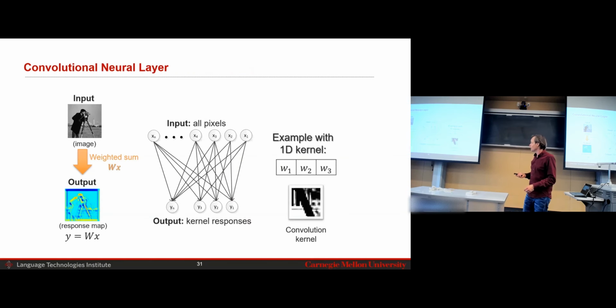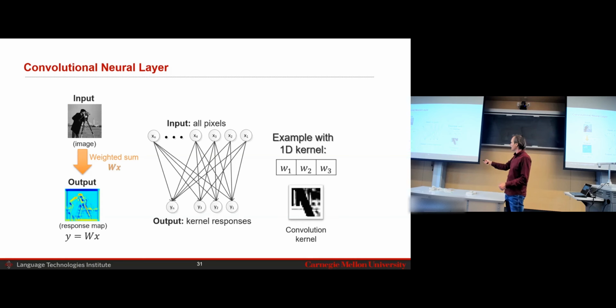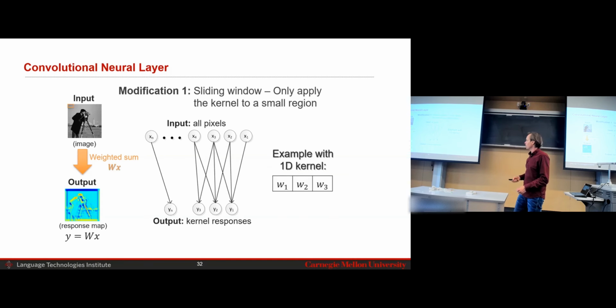So instead of connecting everything, I'm going to say, hey, I only need a small window to decide what this should be. Instead of having all pixels connected to all outputs, you connect only a subset, which is kind of equivalent to running locally, let's say a 3x3, and giving me an output.